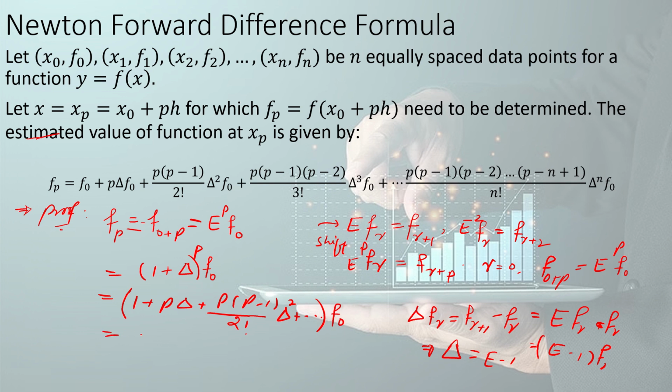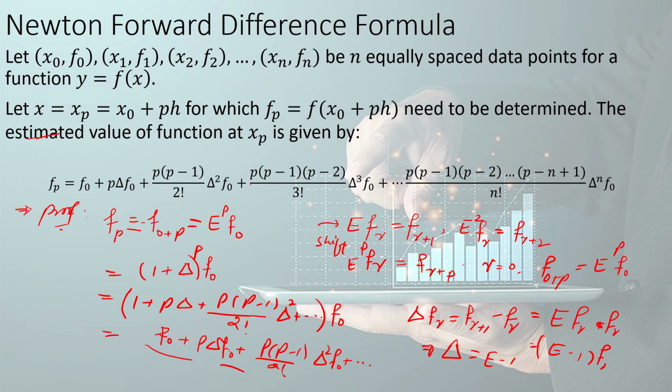It is a linear combination of the operators del, del square and so on. So when it's applied on f naught, we get f naught plus p del f naught plus p into p minus 1 divided by 2 factorial del square f naught and so on. This is known as the Newton forward difference formula.